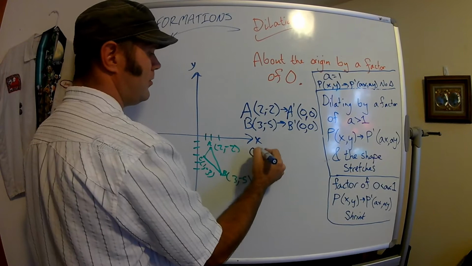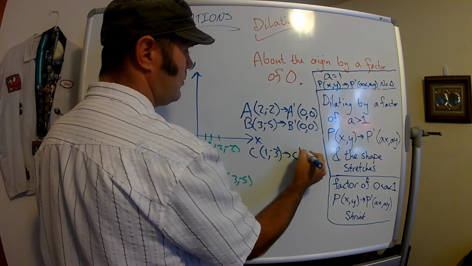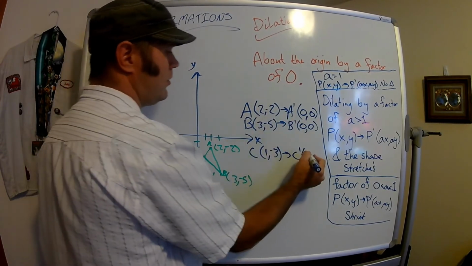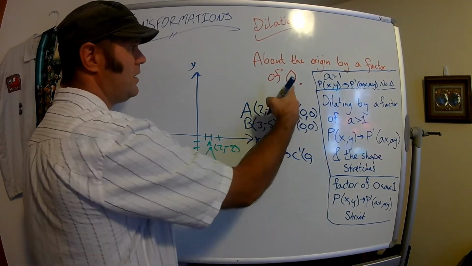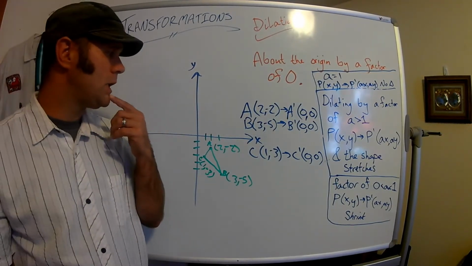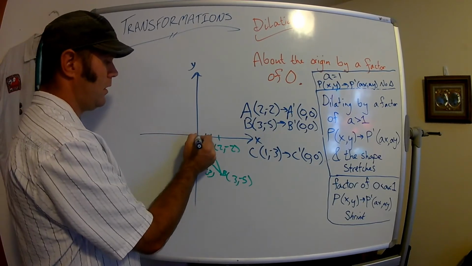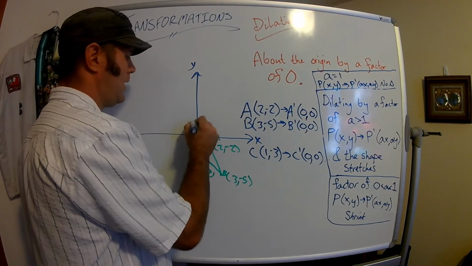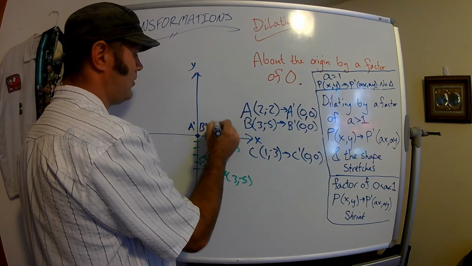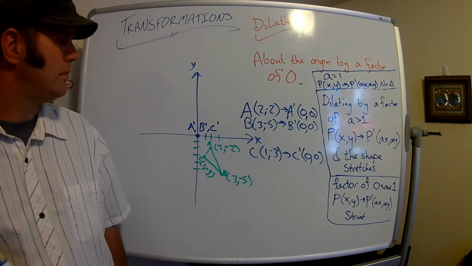And then the last is C, which is (1, -3), which becomes C prime, 1 times 0 and -3 times 0. They all became 0, so we shrunk down to nothing. So A prime, B prime, and C prime are all at (0, 0).